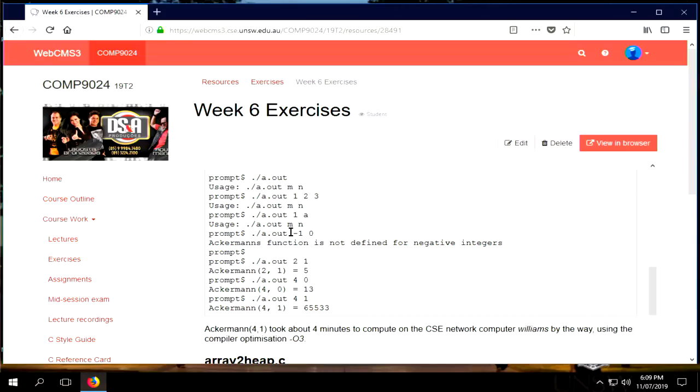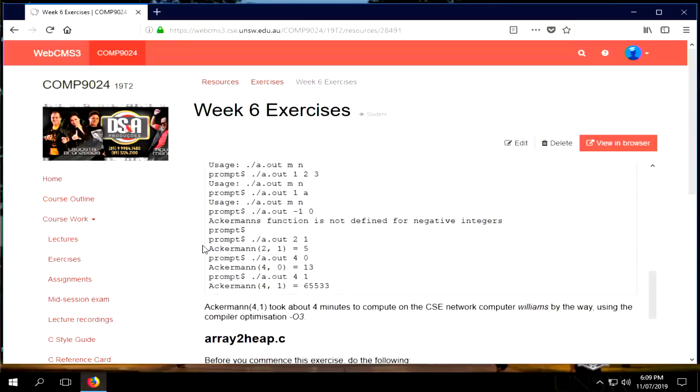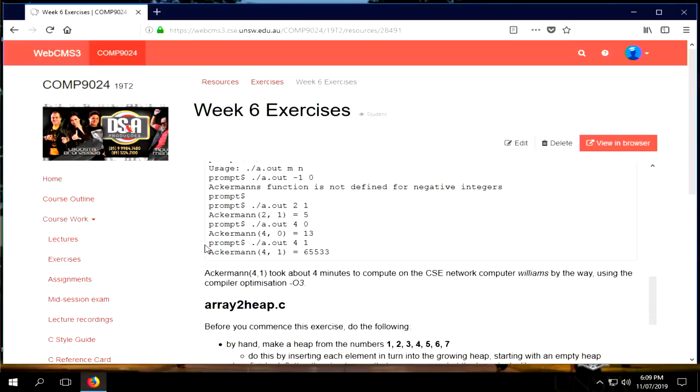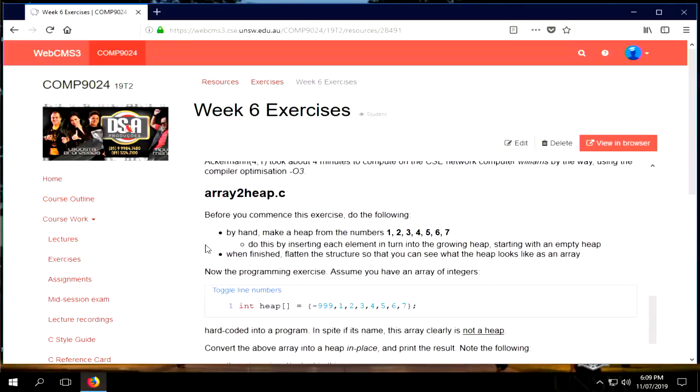And that took my machine about 4 minutes to compute. Now, we're going to have a look in a moment of what's involved there and why it could possibly take so long.